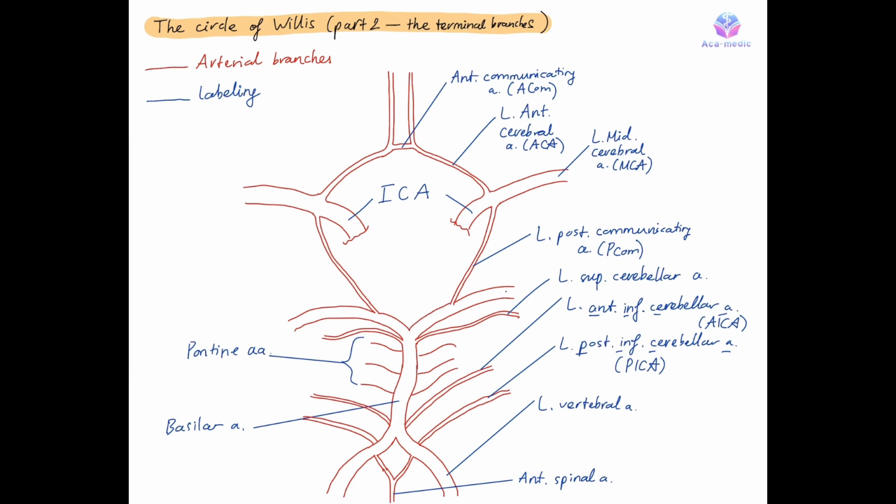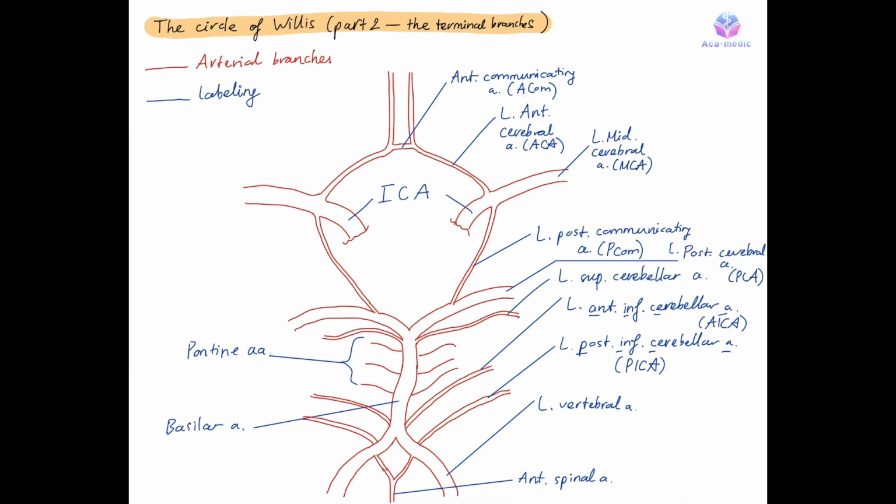We will call those arteries the posterior cerebral artery, PCA. So the PCAs on either side, the left PCA is going to anastomose with the left PCOM, and the right PCA is going to anastomose with the right PCOM. And that will complete our arterial circle.